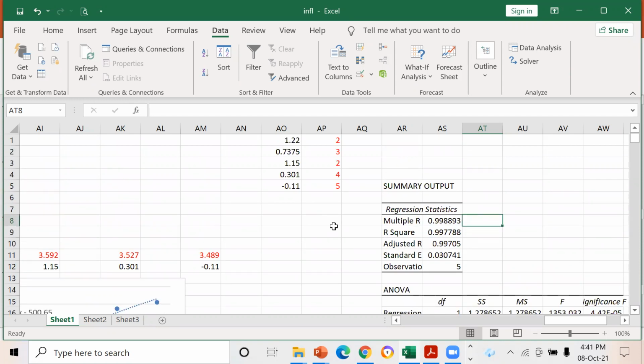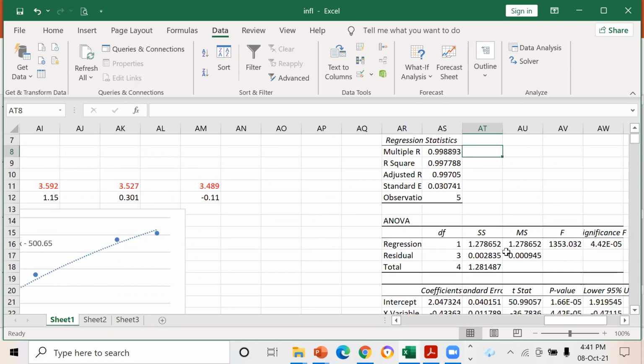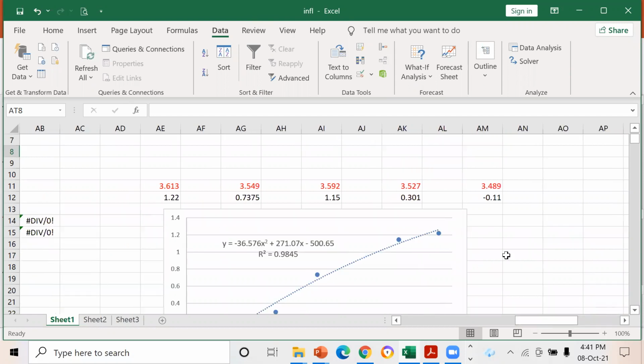All of you are familiar because this gives you all the statistics and you need to see how good the fitting of the data is. So we have come up with the two possible.